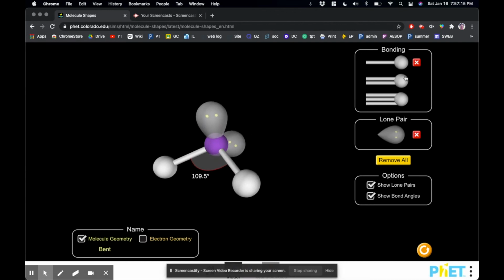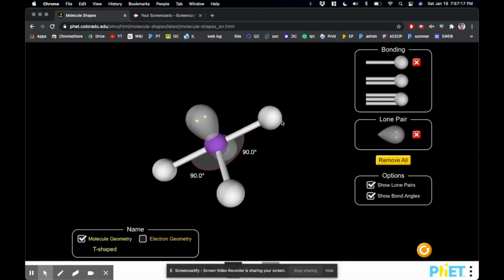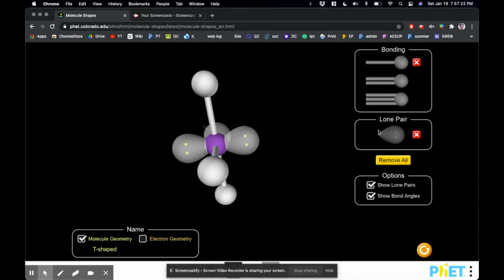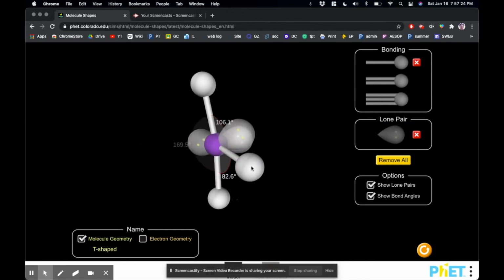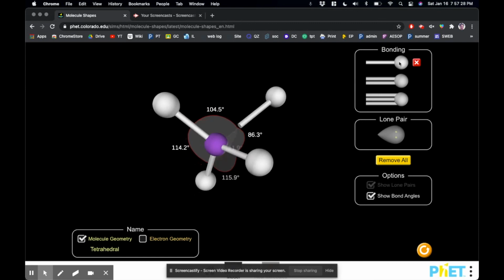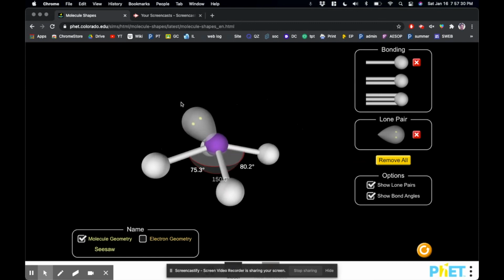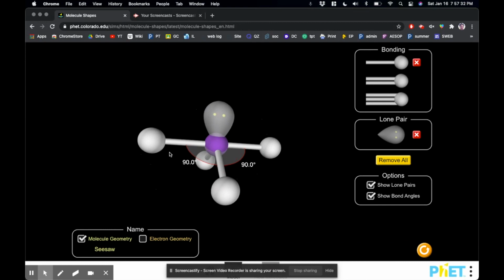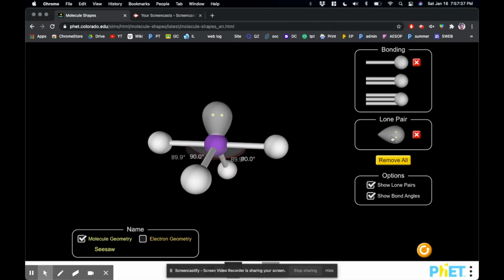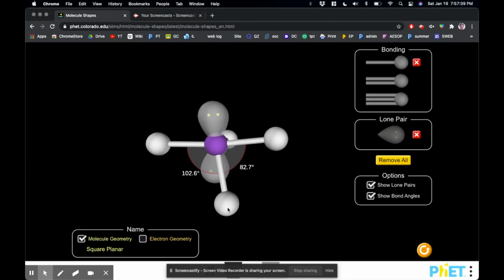I can add another one. Then we have maybe a cool T shape. Again, I just like playing around with this. So you can add or subtract lone pairs. Here's what a seesaw actually would look like, which is kind of cool. Let's add another one. Now we got square planar.